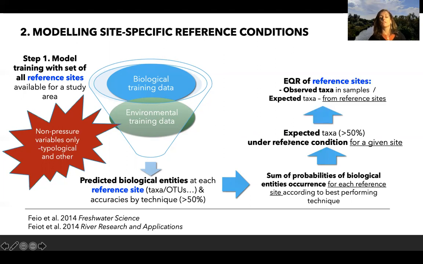And by using that expected taxa, we can calculate the ecological quality ratio, or the observed over expected taxa, for that sample. And finally, we can calculate a reference EQR, so the median of all the reference sites.